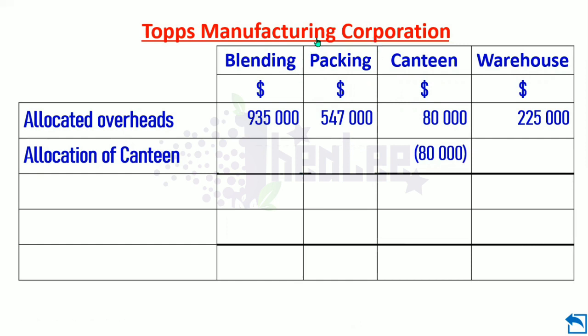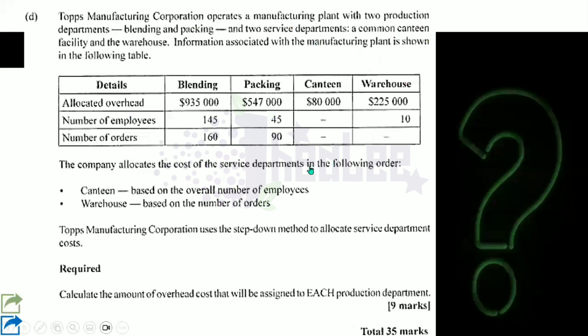And we need to go back to the question to get our details in terms of how we are sharing. Based on that, we are using the number of employees, where blending has 145 employees assigned to that department, packing has 45, while warehouse has 10. Each of these numbers will serve as a numerator in generating the fraction that we're going to use to allocate the canteen costs among the other cost centers.